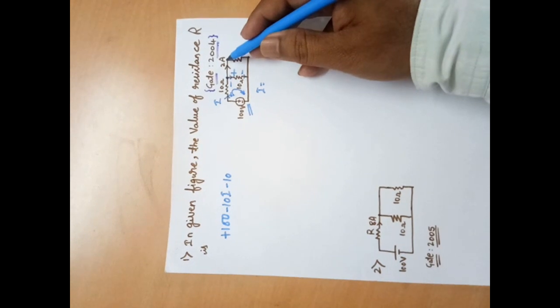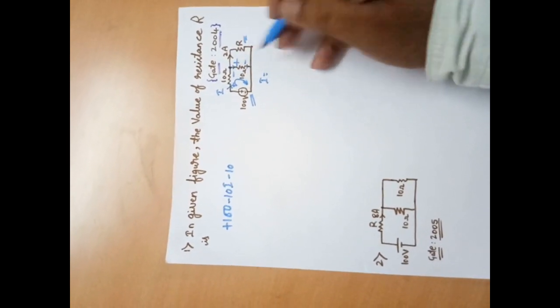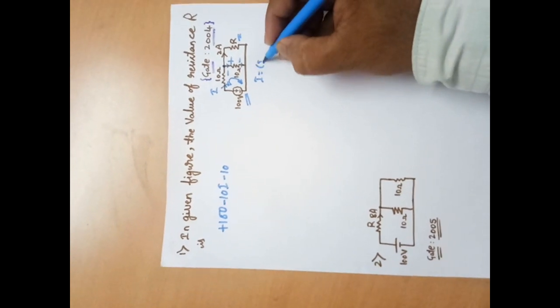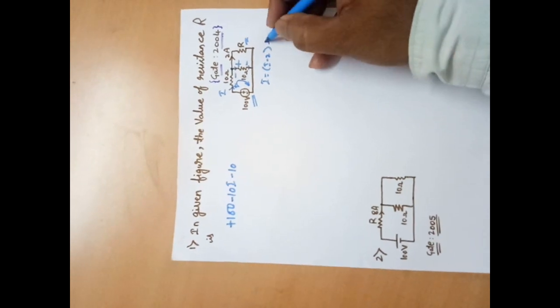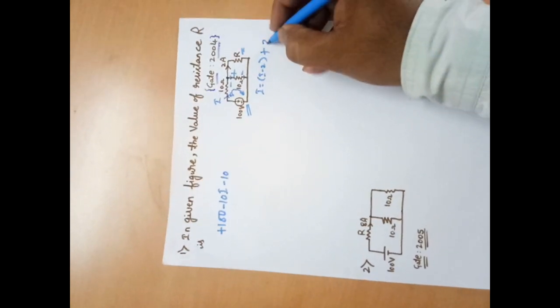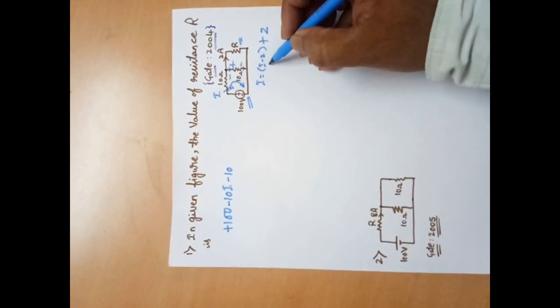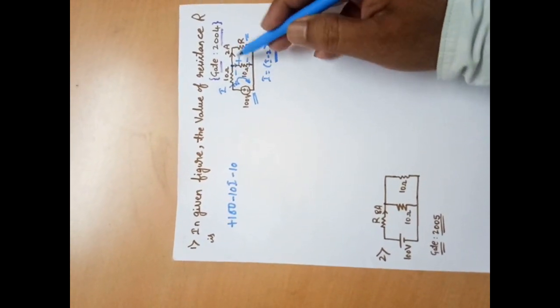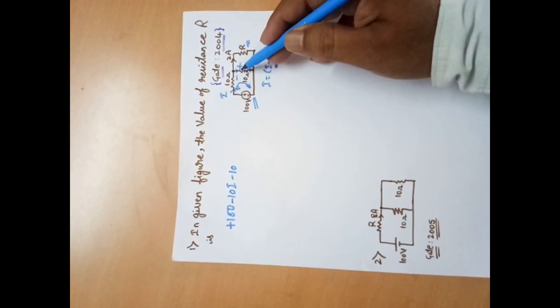I know one current, that is 2 amps. The other current is I minus 2. That is, the current in this branch is I minus 2, plus the current here, 2, which gives the total current. Now the current in this branch has been taken as I minus 2 because this is entering and this is leaving. The entering current is positive and the leaving current is negative, so I minus 2 will be here.